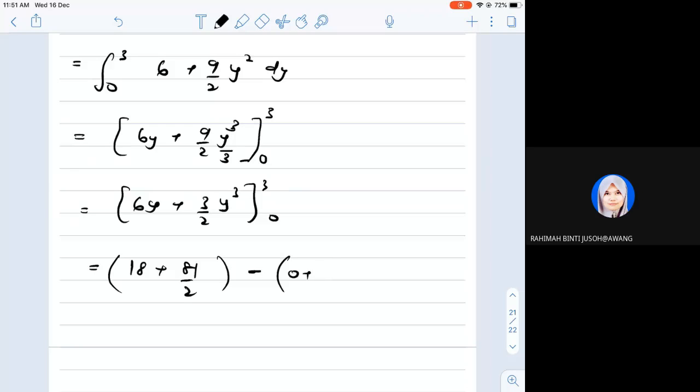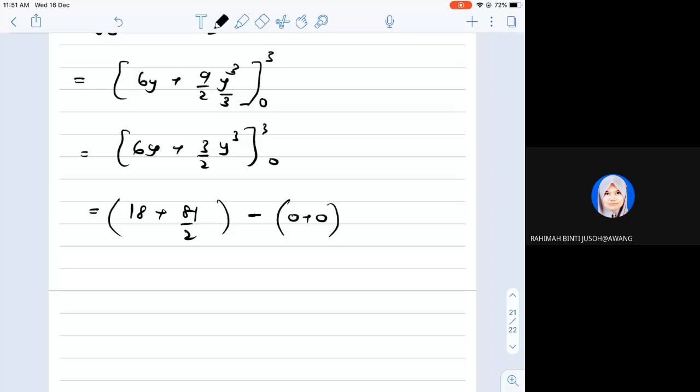Minus 0 plus 0. 18 tambah 81 over 2. So we will get 117 over 2. Sama ke ni? Yes. Or 58 1 over 2 or 58.5.